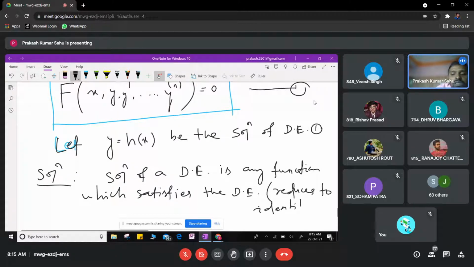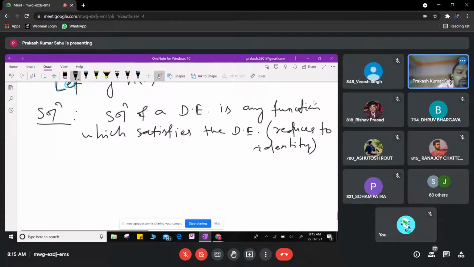Reduces to identity means, for example, we say y double dash plus y is equal to 0.